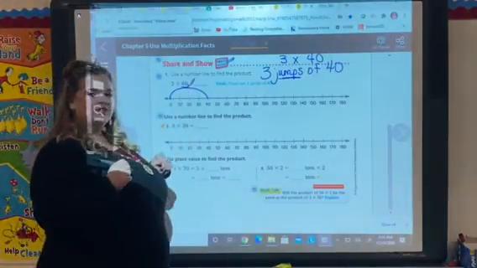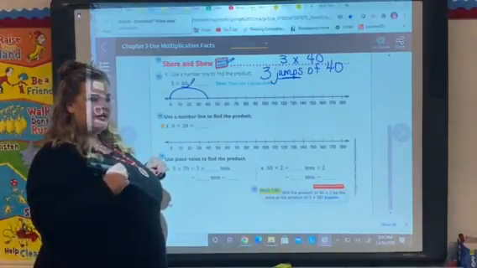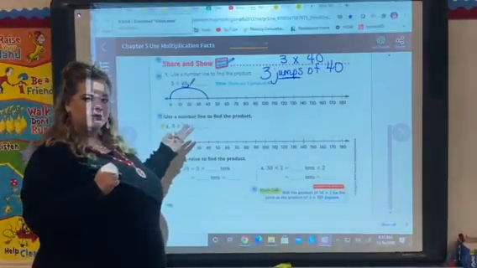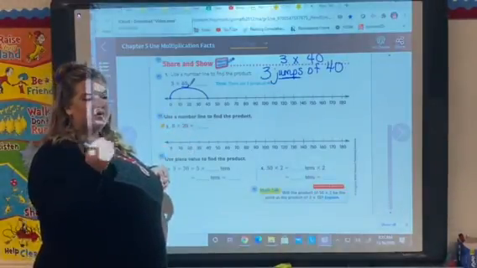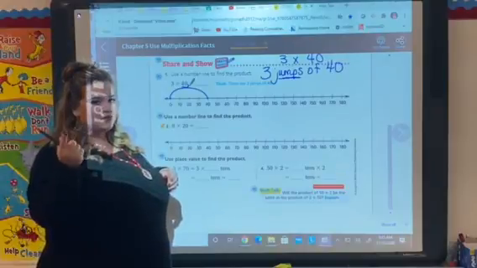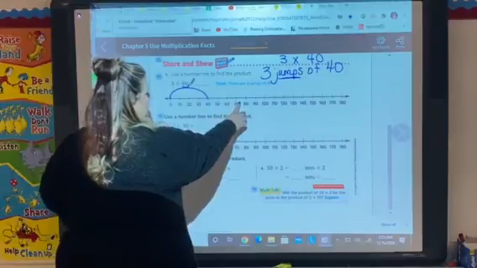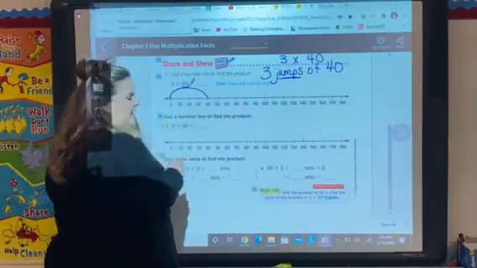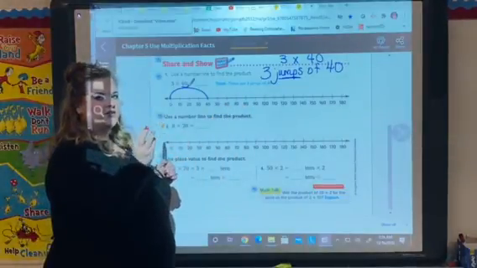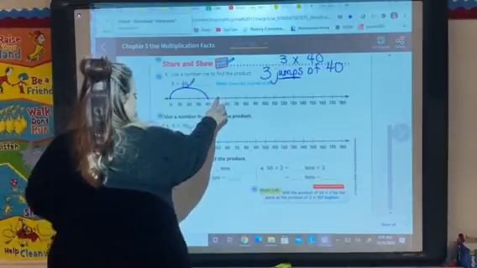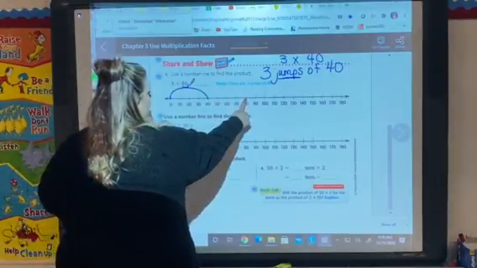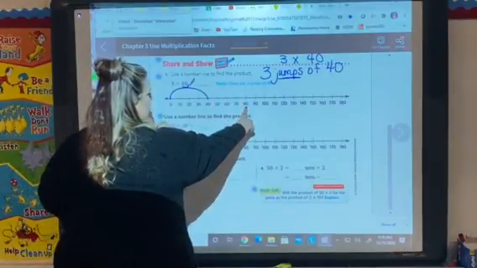Now, if you know what it needs to go up to next, you can go 40 plus 40. If you don't know what 40 plus 40 is off the top of your head, then you can just count by 10. Since this number line is broken up into tens, I can just count 10, 20, 30, 40, okay? What number am I stopping at? 80.